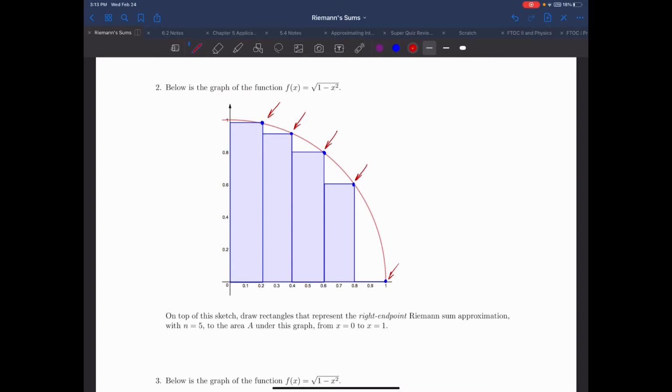So with this one, we can see that if you have a decreasing function that is concave down, you're always going to have an underestimate, because these rectangles will look like this for any concave down decreasing function. So that's what that would look like. Now this one we're not going to calculate, because we're going to do some calculations on the last problem.